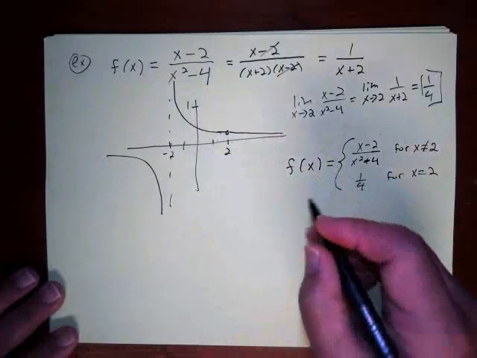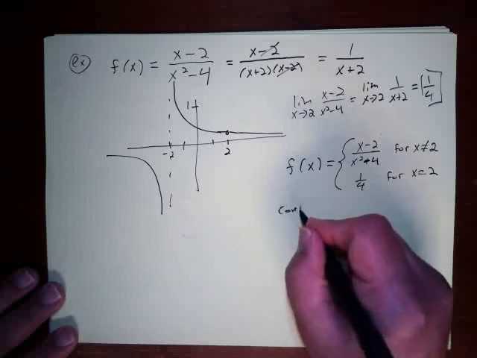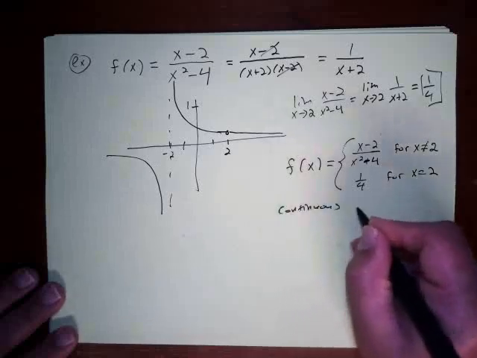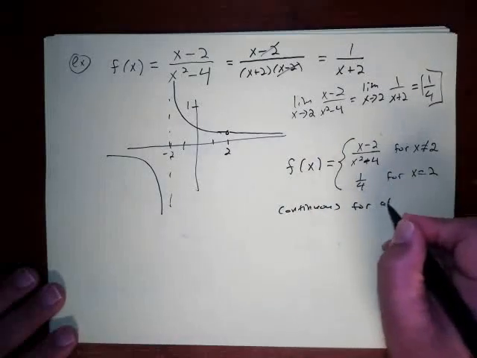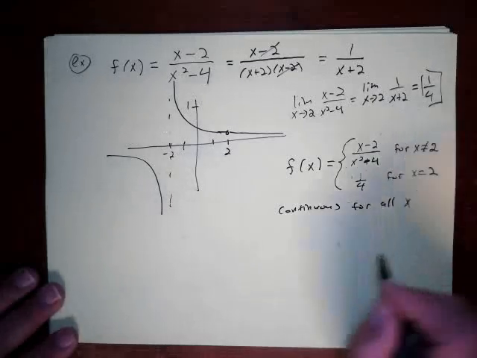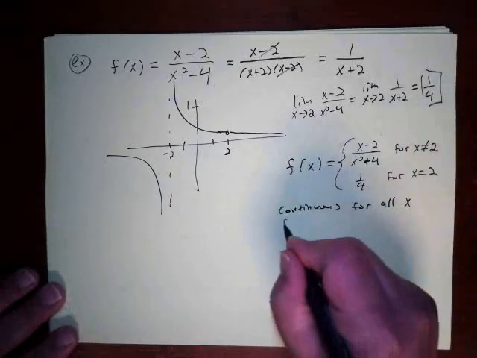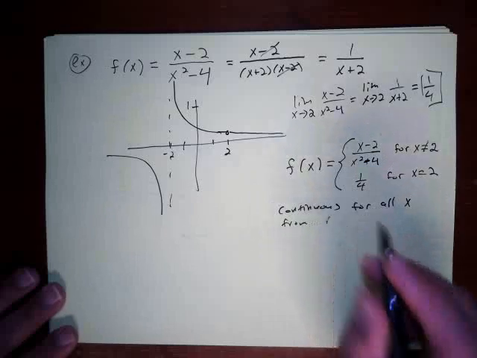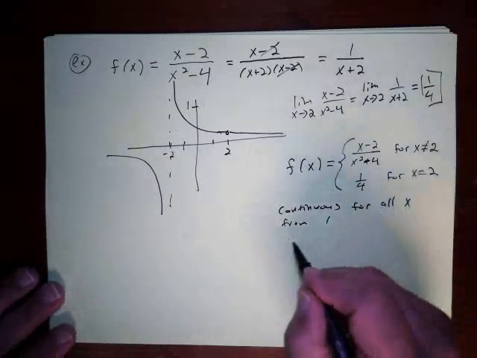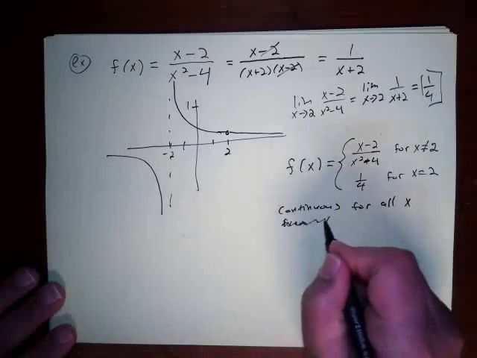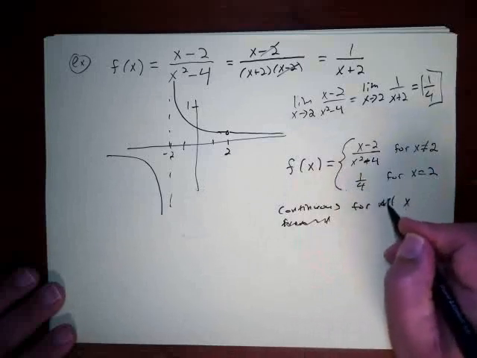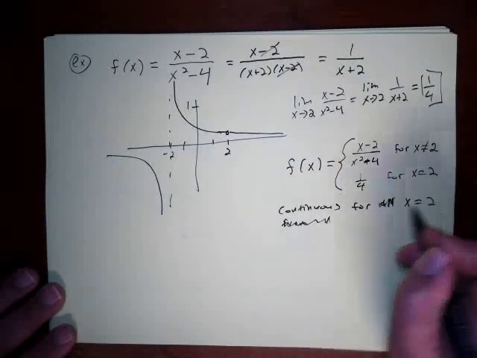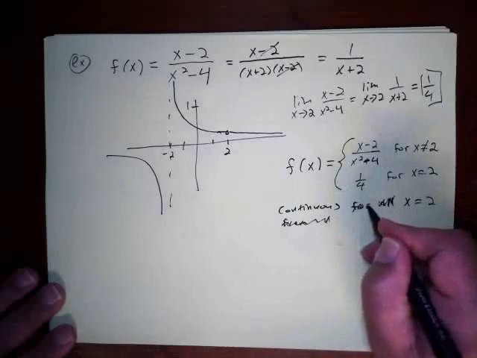And so this is actually continuous. Continuous for all x, okay, from -infinity to infinity. Oh, no, sorry. Let me just say, not for all x, but for x equals 2. So this is continuous at x equals 2.